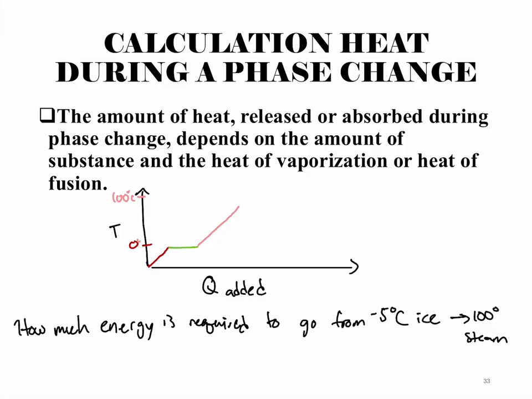And then once we reach 100 degrees, we want to convert all of it to steam. So now all the energy that we add is just converting it from liquid to gaseous water.